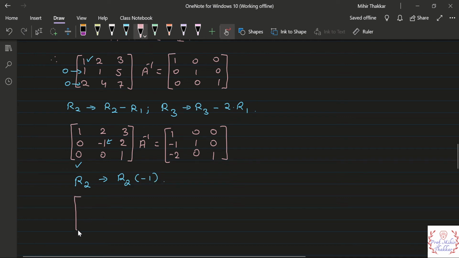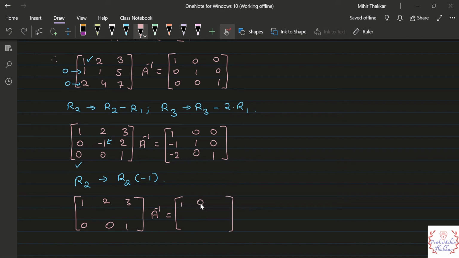Because I want to change in the second row, first and the third row element, just copy it down same to same. -2, 0 and 1. The entire second row will get multiplied with -1. So this will become 0, 1, -2. This will become 1, -1 and 0.